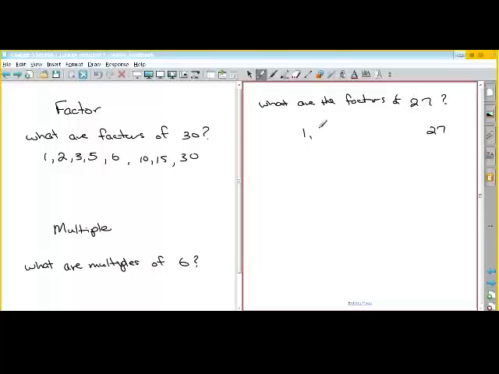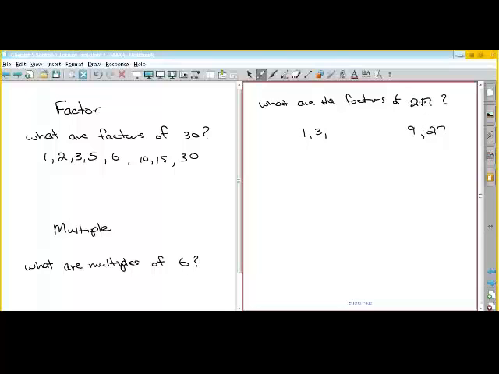So then I go to 3, and I say, okay, yes, I can divide 27 by 3, and that's 9. You can try 4, but that's not going to work. 5 is not going to work. 6 is not going to work. And when you get about halfway in between, you say, I'm done. So the factors of 27 are just 1, 3, 9, and 27.